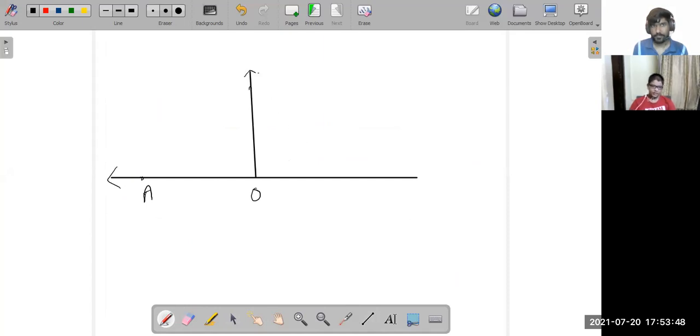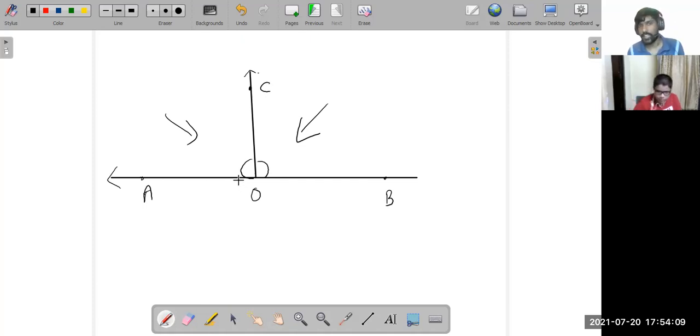Their base is 180 degrees. The sum of both the angles is 180 degrees. So this one, angle COB, and this one, angle COA, are two angles whose sum is 180 degrees. Hence you can say they are angles in linear pair.